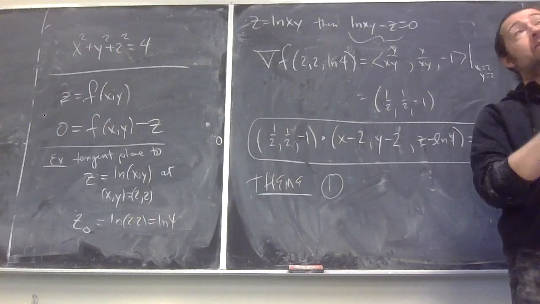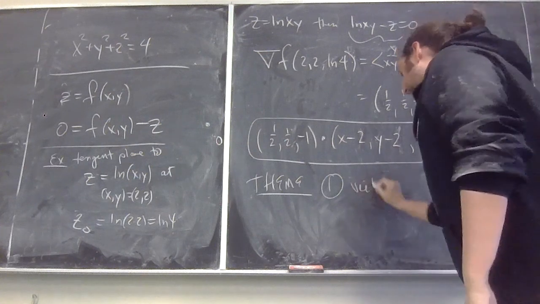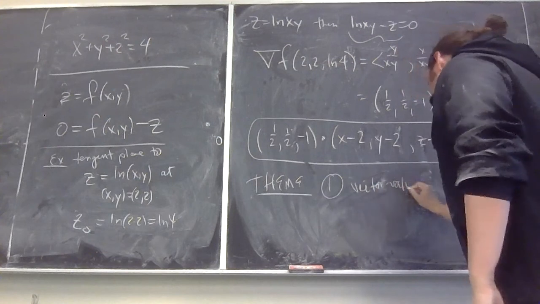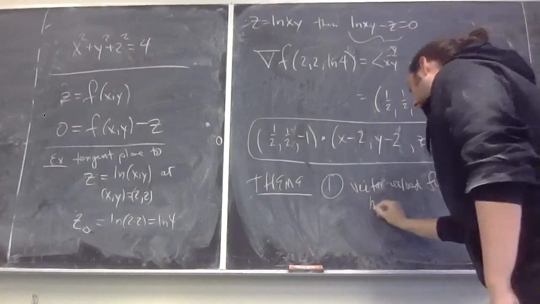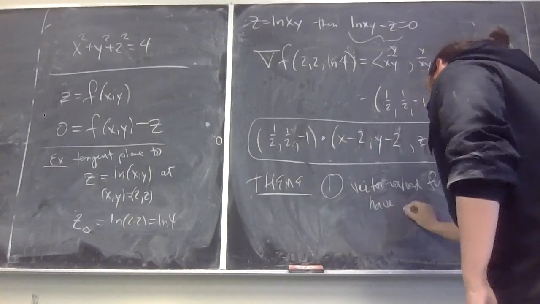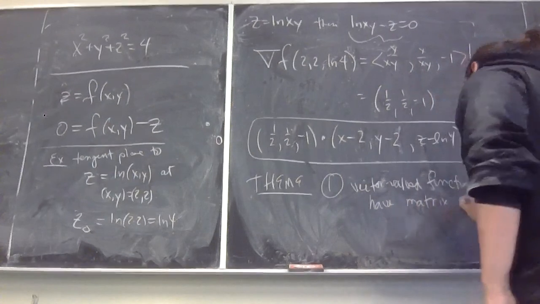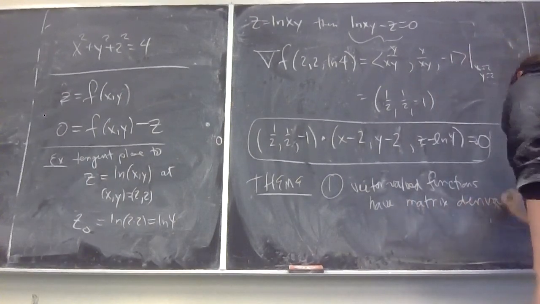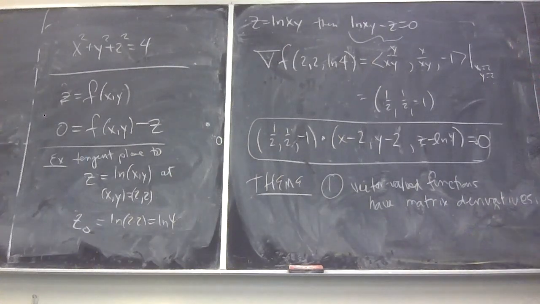Vector valued functions tend to have derivatives defined in terms of matrices. Vector valued functions have matrix derivatives. First thing, they encode all the information.